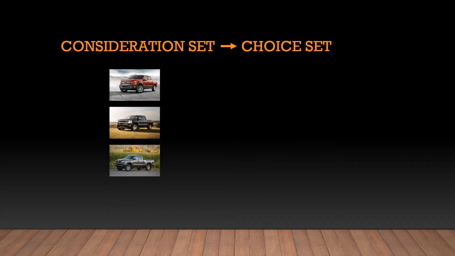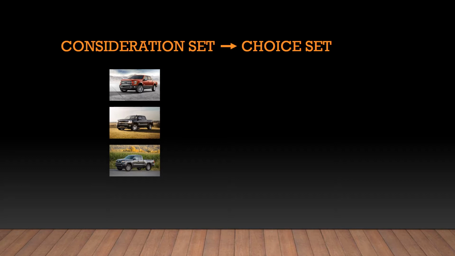So the next action is the consideration set to the choice set. So here, the consumer is going to put a little more effort into narrowing down the set. So in this scenario, he's going to go online, conduct research, and gather more tangible and physical information about each product or brand.